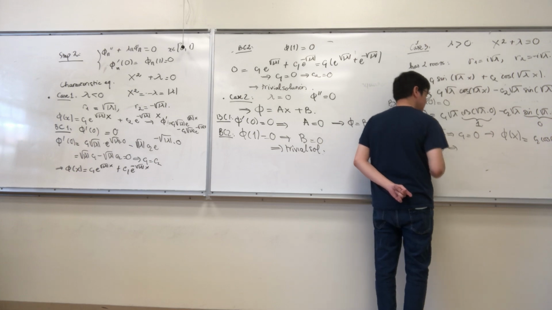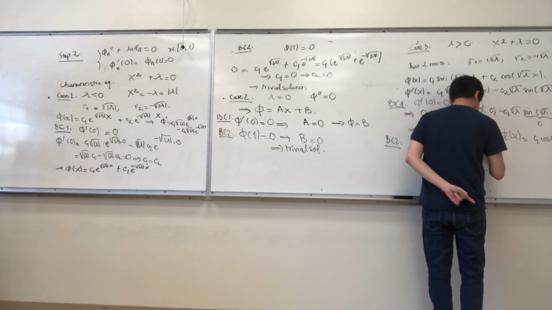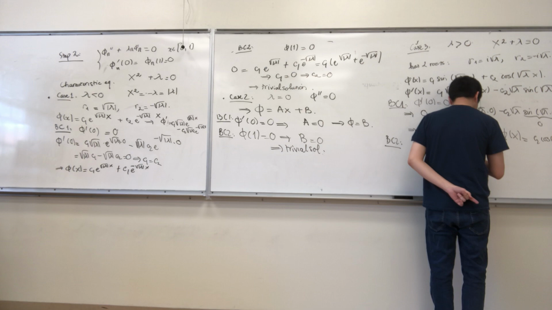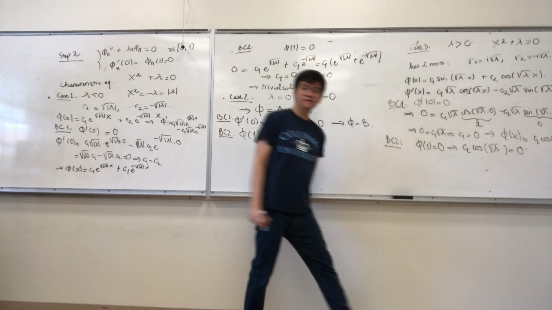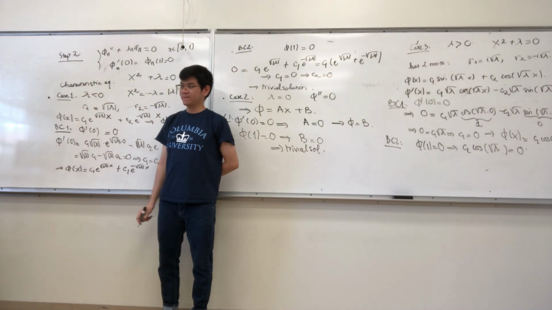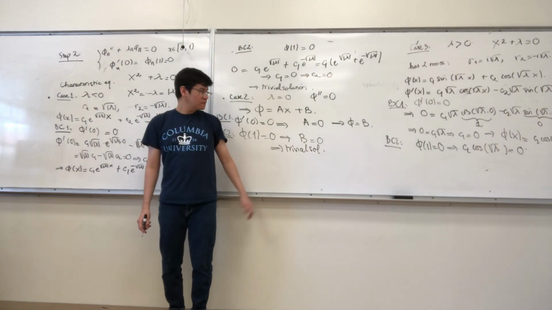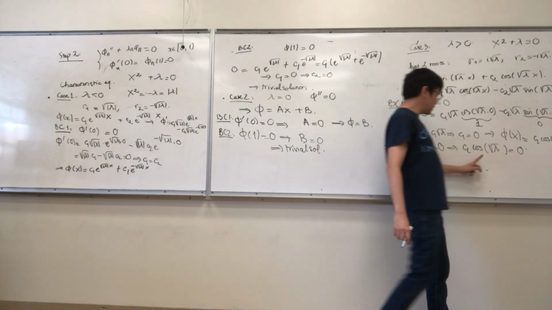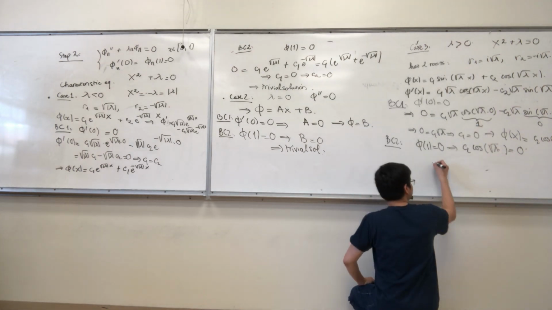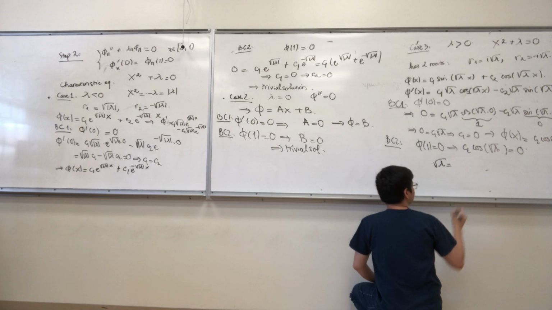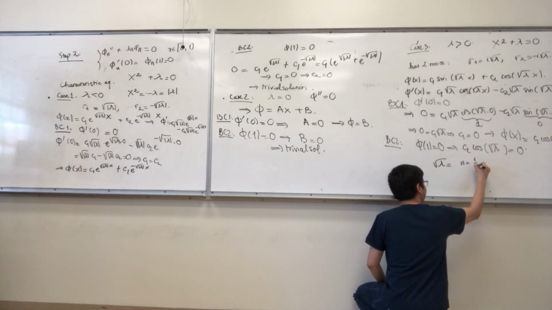So because phi 1 is 0, C2 cosinus of square root of lambda is 0, which means that square root of lambda is n plus 1/2 pi.